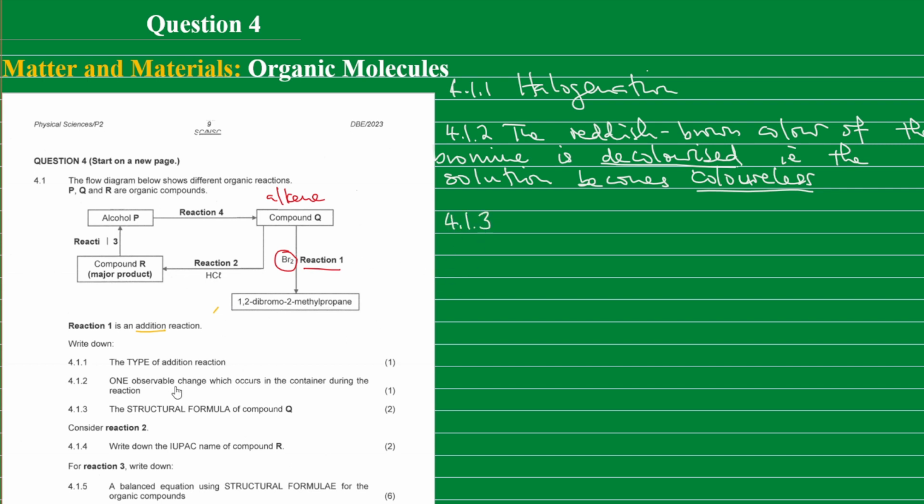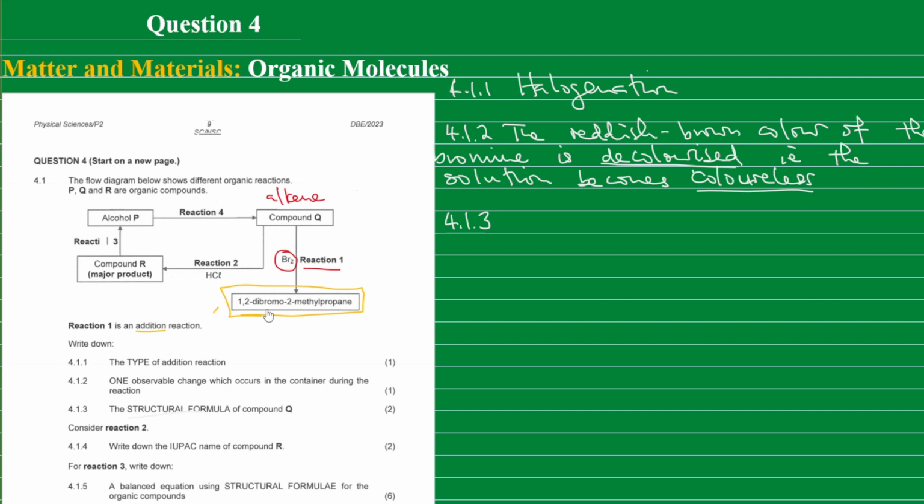4.1.3, write down the structural formula of compound Q. For us to get the structural formula of compound Q, we must get a clue from the product that we form here.